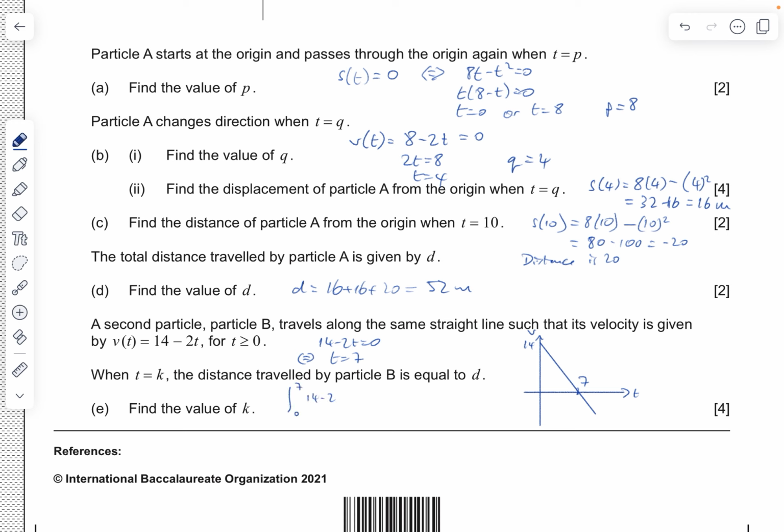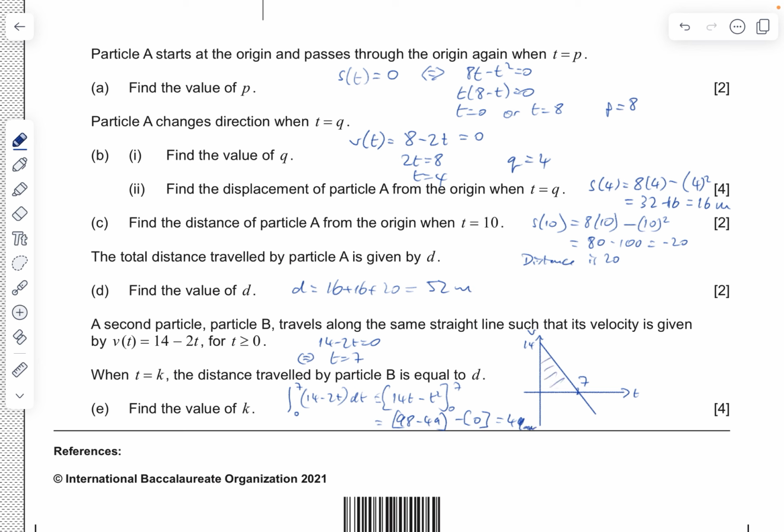Of 14 subtract 2t dt, which should give me 14t subtract t squared between 0 and 7, which is 14 times 7 is 98, subtract 49, subtract 0, when we put 0 in, gives us 49 meters.